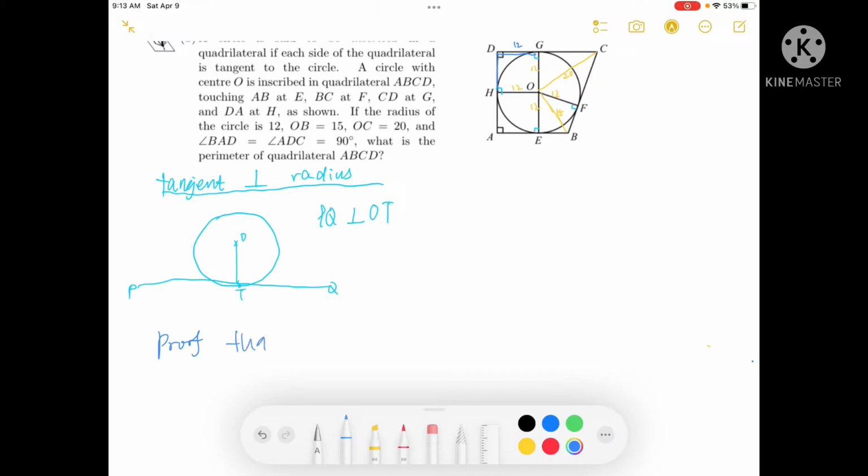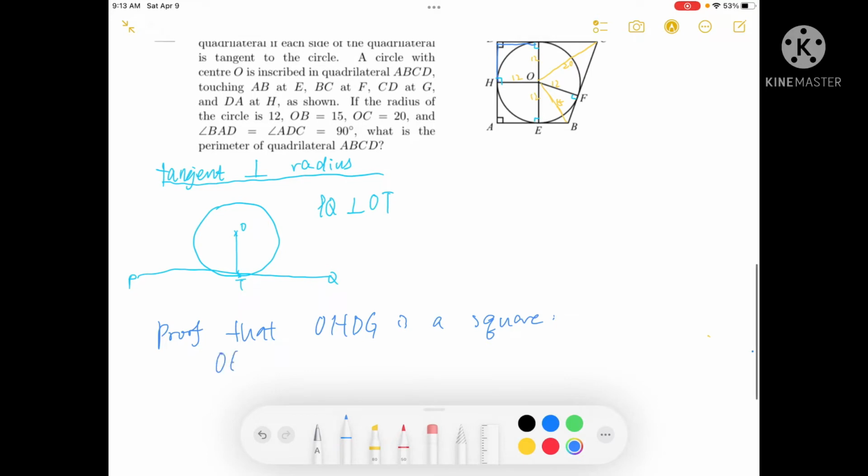So prove that OHDG is a square. We know that OH is equal to OG equal to 12, which is the radius.